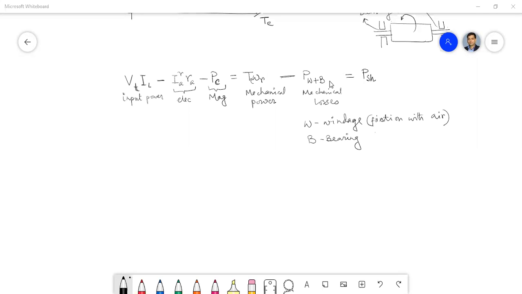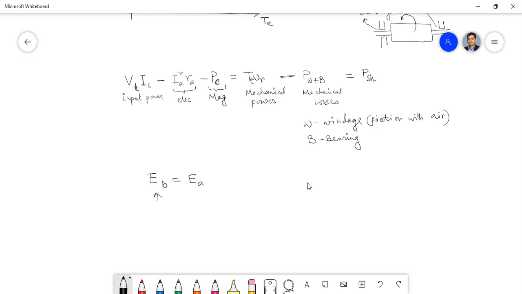You need only the field current, only the field flux, and the speed. These two things are required, not the armature current, as is clear from this expression of EB.